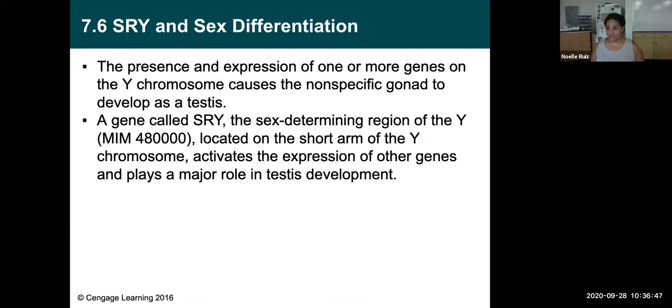SRY is a certain gene present in males. So the presence and expression of one or more genes on the Y chromosome causes the nonspecific gonad to develop as a testes. So a gene called SRY, the sex determining region of the Y, located on the short arm of the Y chromosome, activates the expression of other genes, plays a major role in testes development, and produces the excess testosterone that males have.